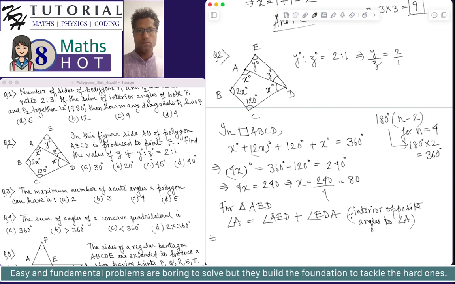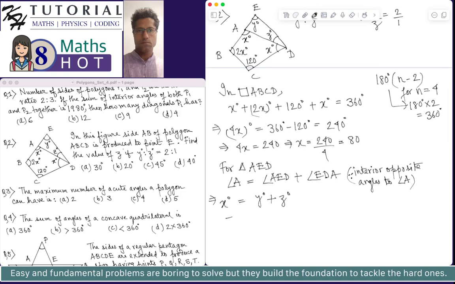So angle A, which we know is x degree, is equal to angle AED, y degree, plus angle EDA, z degree. If we ignore the degrees, we have x is equal to y plus z, and x we have already found to be 80. So we have y plus z is equal to 80, and from the given ratio we know that y by z is equal to 2 by 1.